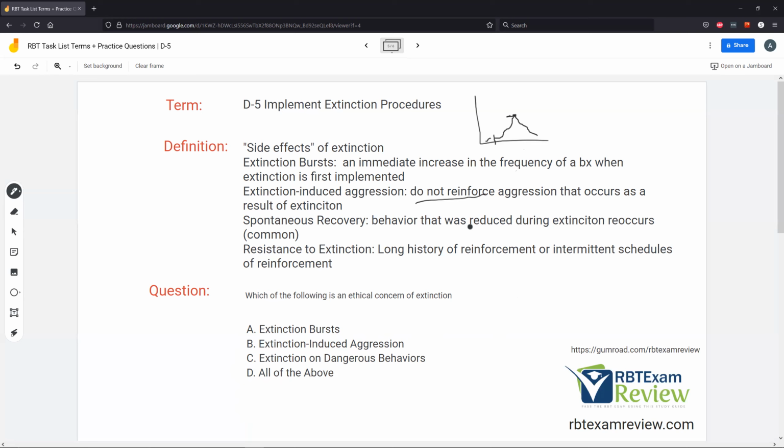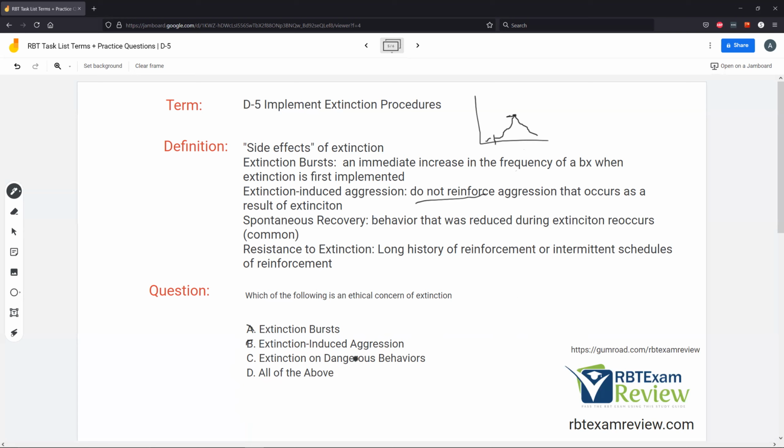The question: which of the following is an ethical concern of extinction? A, extinction burst, B, extinction-induced aggression, C, extinction on dangerous behaviors, or D, all of the above. Well, we know extinction bursts are, and we know extinction-induced aggression is. Extinction on dangerous behaviors, so think about self-injurious behaviors or behaviors where the client is putting others in danger.